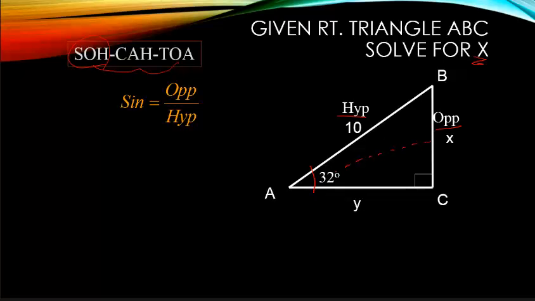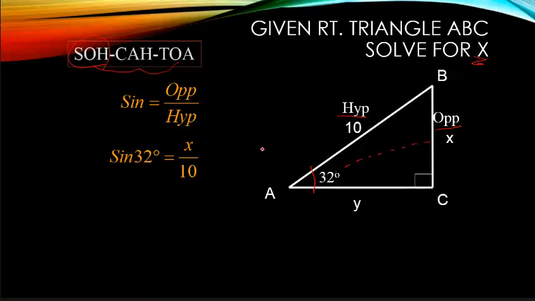Now I substitute in what was told to me. Sine of what angle? Well, I have a 32-degree angle in here, so I'm going to put that in my equation. Sine of 32 is going to equal the opposite side, which was x, over the hypotenuse, which was 10.